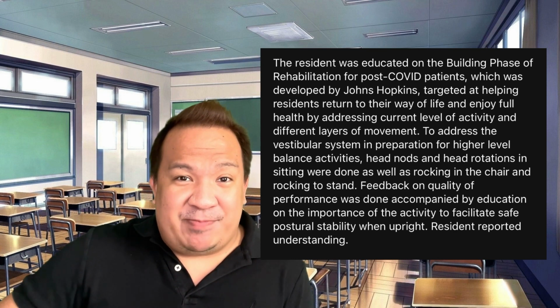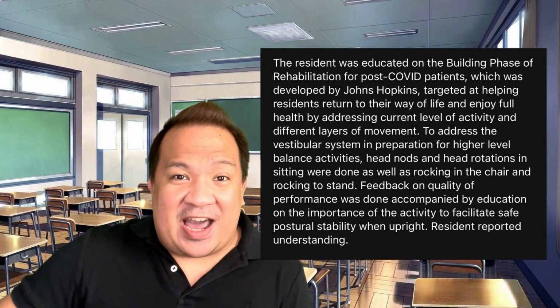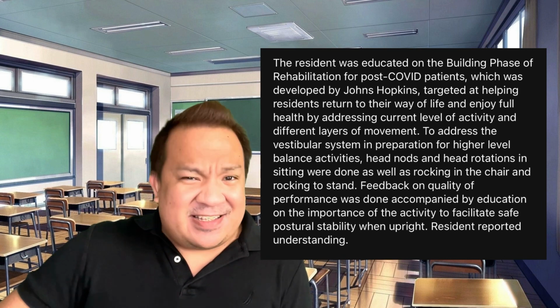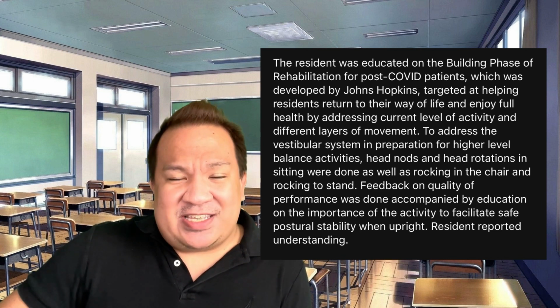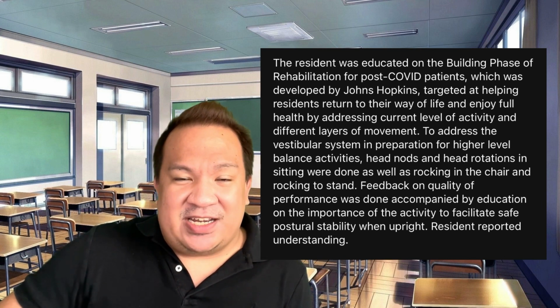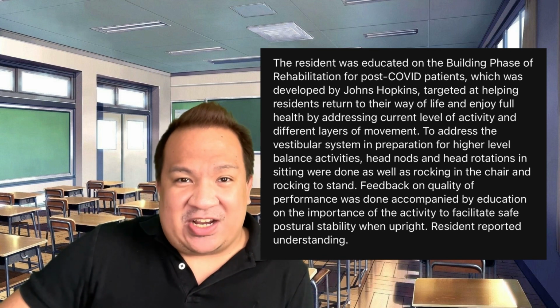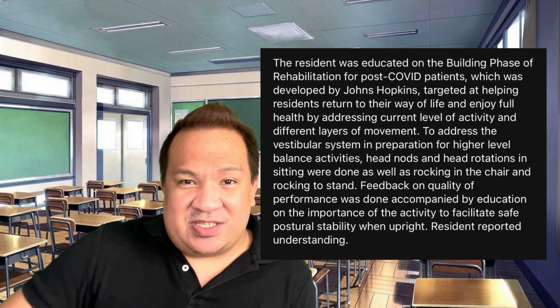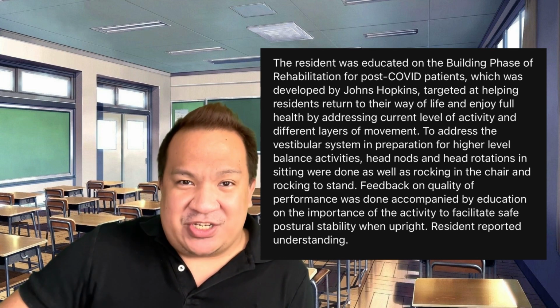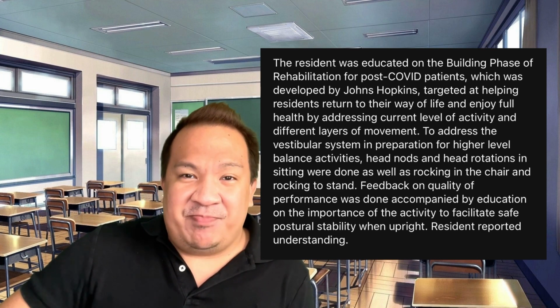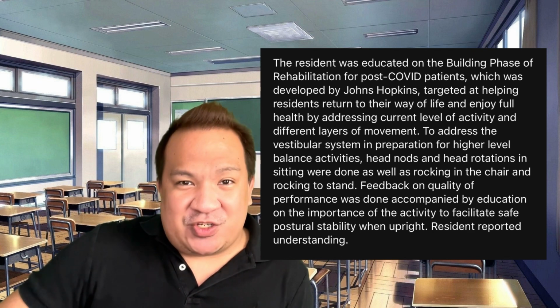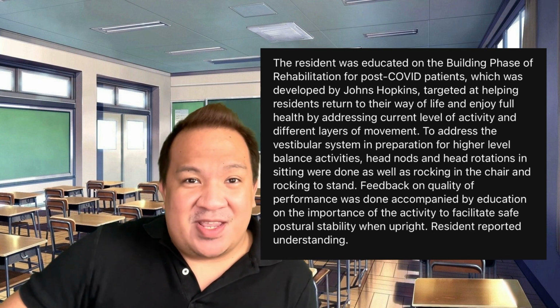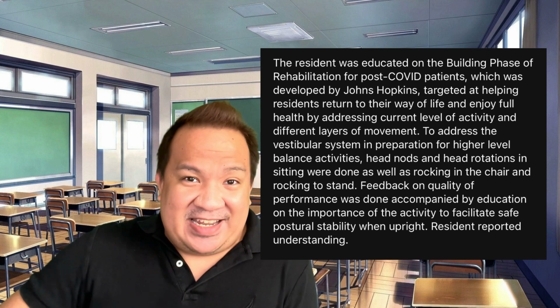To address the vestibular system in preparation for higher level balance activities, head nods and head rotations in sitting were done, as well as rocking in the chair and rocking to stand. Feedback on quality of performance was done, accompanied by education on the importance of the activity to facilitate safe postural stability when upright. The resident reported understanding.